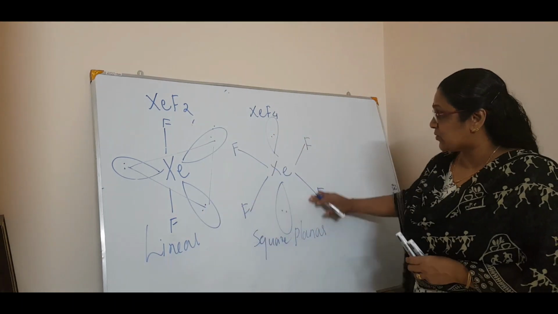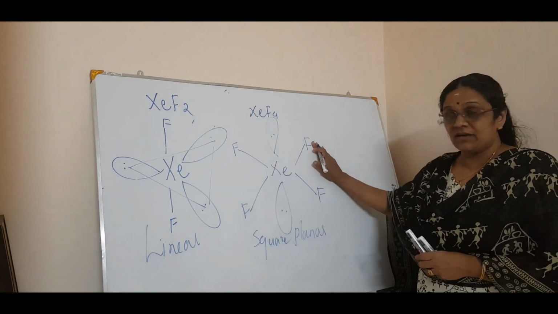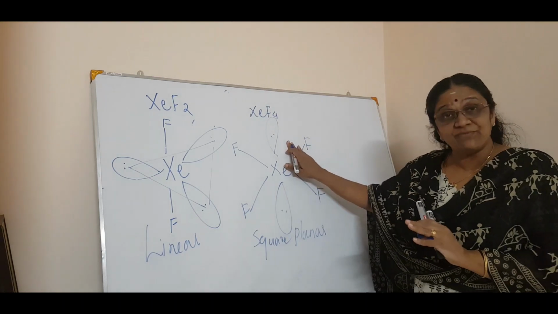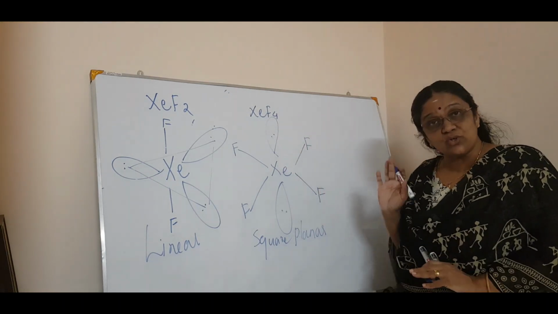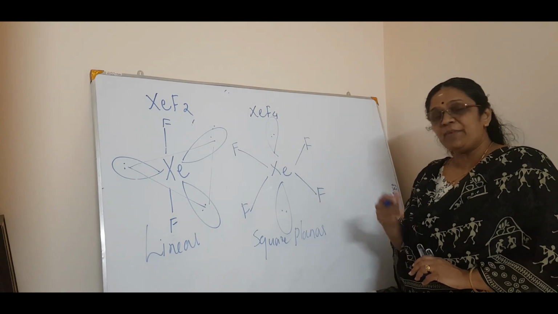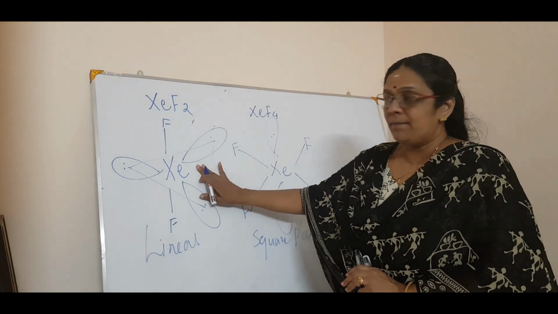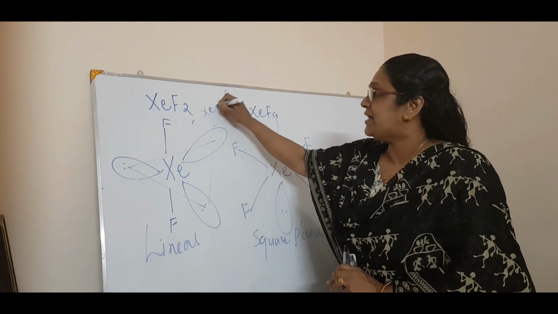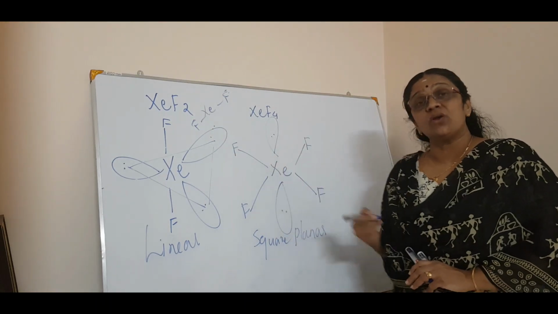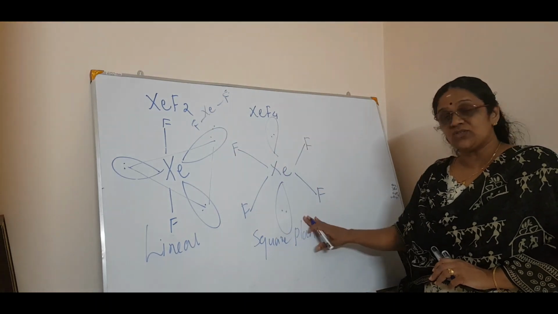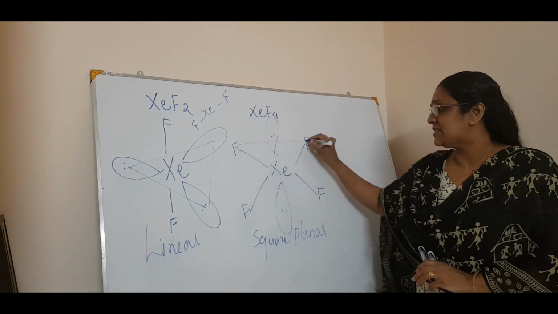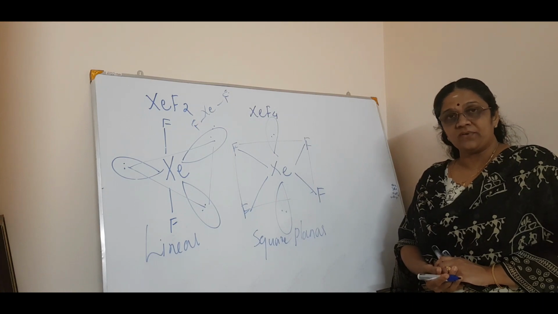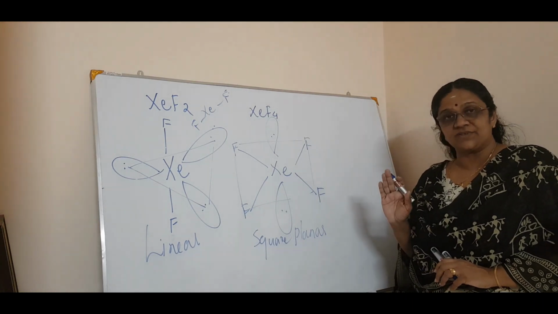This is square planar. But when you draw the structure, you have to show the lone pairs of electrons also. Otherwise you won't get marks. Everybody will make a mistake in XeF2, because simply you are studying it is linear, so you will have a tendency to write it like this and forget about the lone pairs. In the same way, square planar also, it is okay because it is in the shape of a square, but it has got a pyramid also, square pyramid. Okay. So you can have the square planar structure.